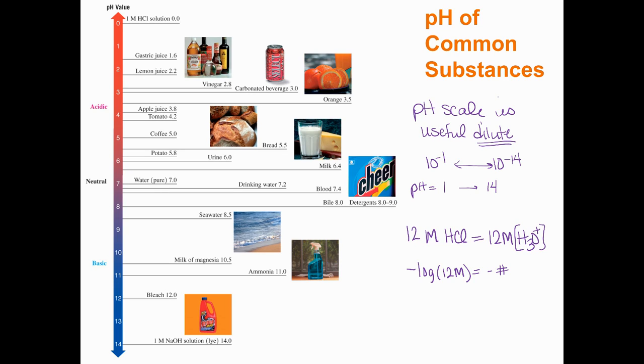If I have a 12 molar HCl, I know it's a concentrated acid. I don't need the pH scale to help me out. The pH scale is useful when the numbers are small, 10 to the minus 5, 10 to the minus 8. That's when it becomes a useful tool. So for a 12 molar HCl, the pH scale is not needed.